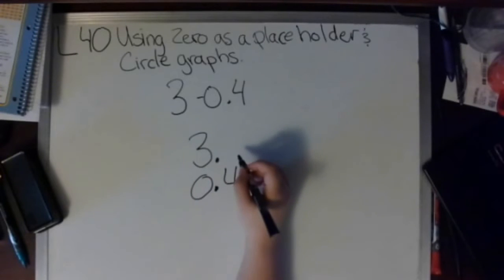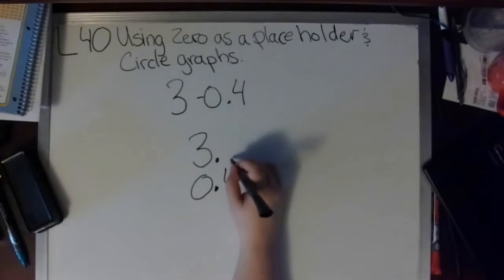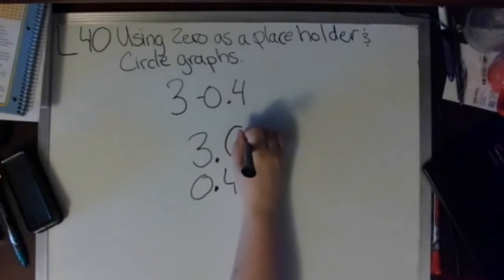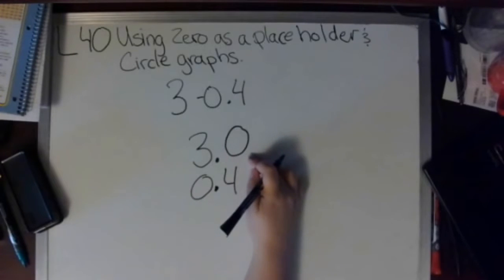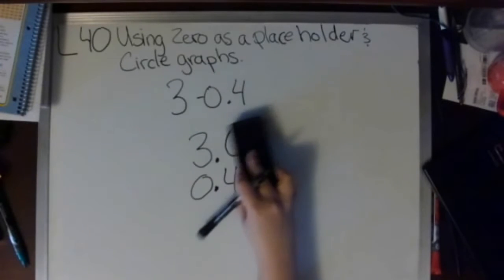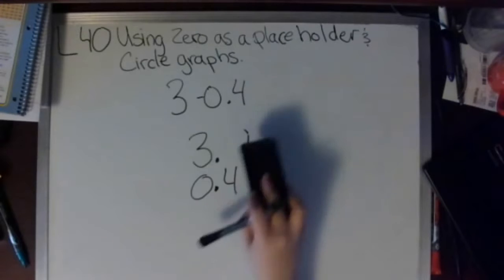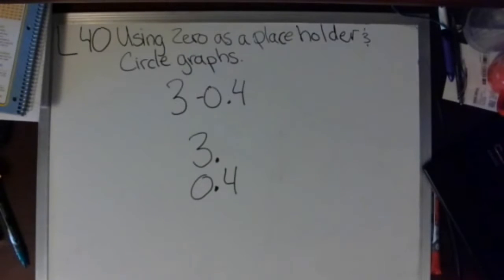Now, in the books, previously, they never put a 0 here. I always have, using a 0 as a placeholder, because there is still nothing there. Whether it looks like that or whether it looks like that, there is still nothing there. I am not taking 4 from anything.